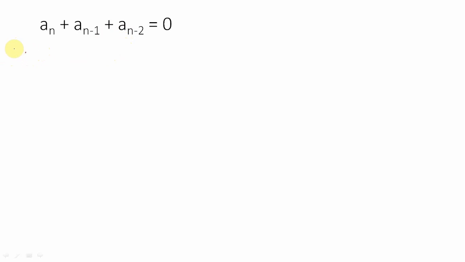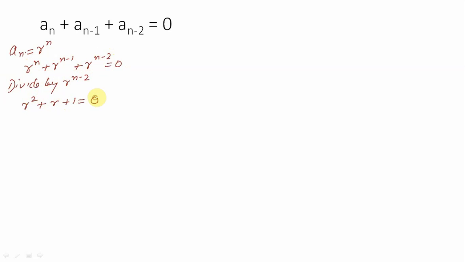So let's put AN is equal to R to the power n. So it becomes R to the power n plus R to the power n minus 1 plus R to the power n minus 2 is equal to 0. Divide by R to the power n minus 2. You get R square plus R plus 1 is equal to 0.